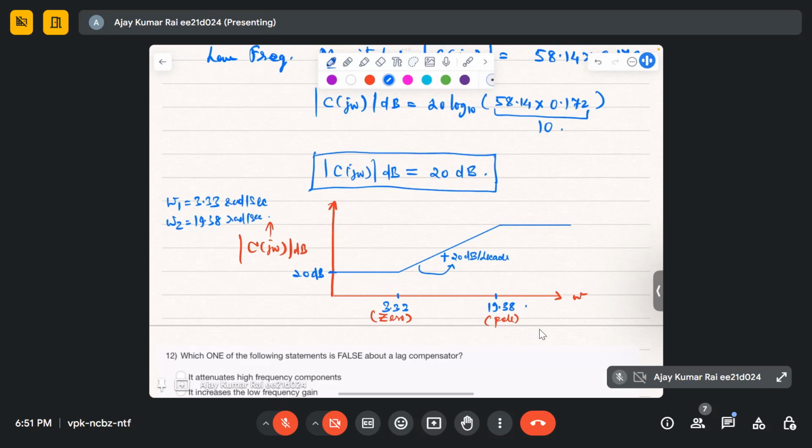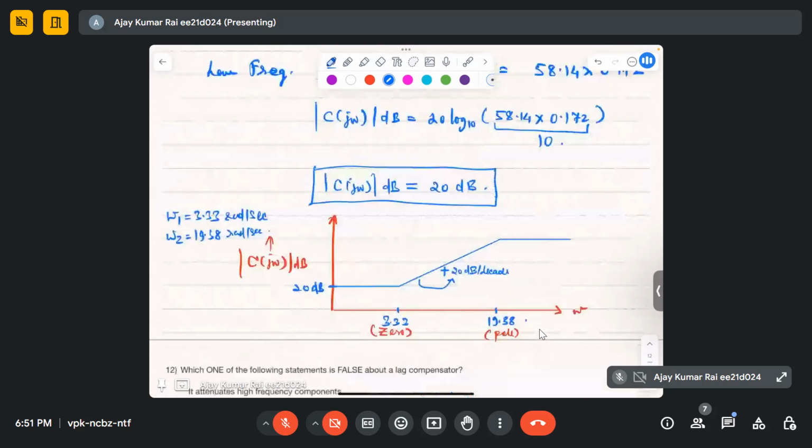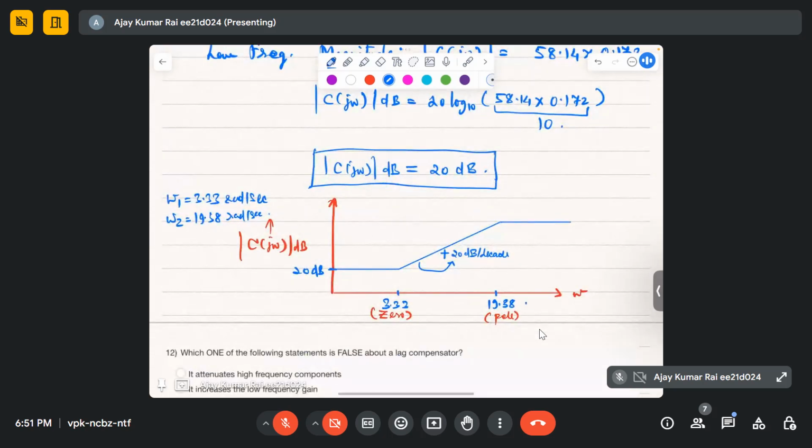Okay, so any doubt in this case? Actually, this compensator is providing a 20 dB gain at the lower frequencies, as you can see here. If you draw the combined Bode plot for this C(s) and the given transfer function, its magnitude will increase.